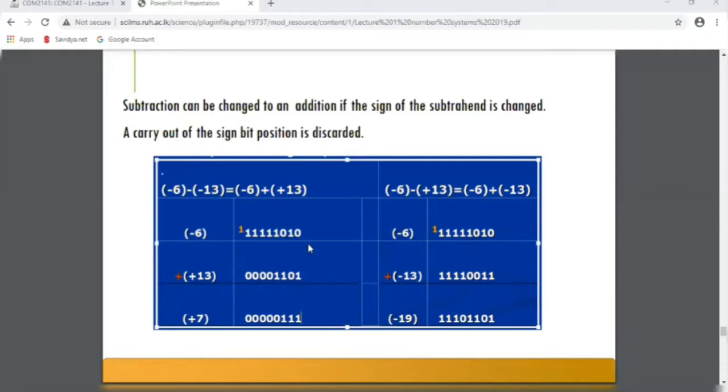And then after that, you can do the addition simply in the same way we did. This is the carry out and we are not considering that. So +7 is converted, and this can be seen in this number. And here also you can study the same.